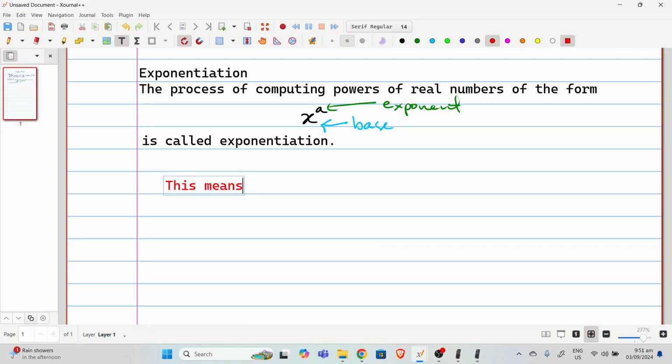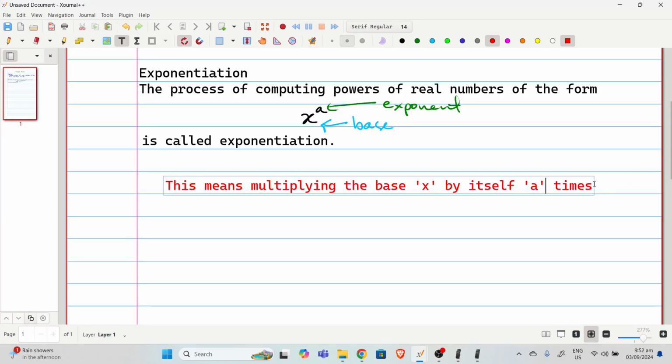This means multiplying the base x by itself a times.